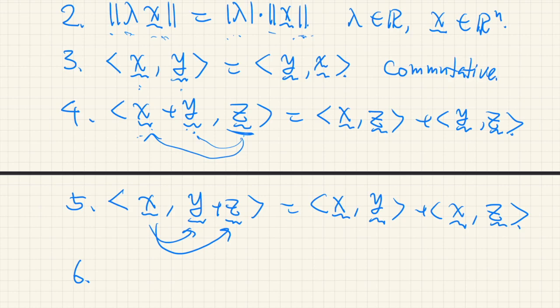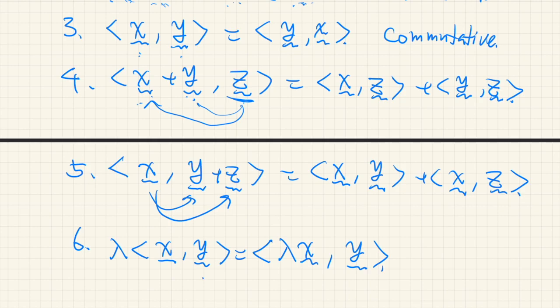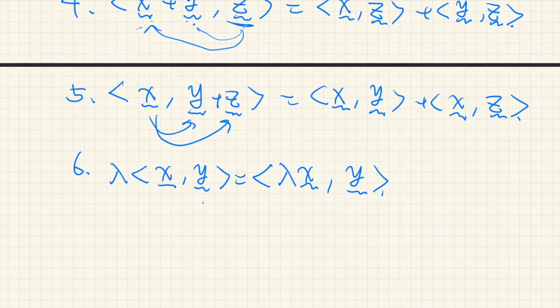And 6, the scalar multiplication of a scalar product is equal to the scalar product of lambda times the vector with the second vector. And so this lambda does not distribute to both of them, but only one of them. Okay, but which one doesn't matter.